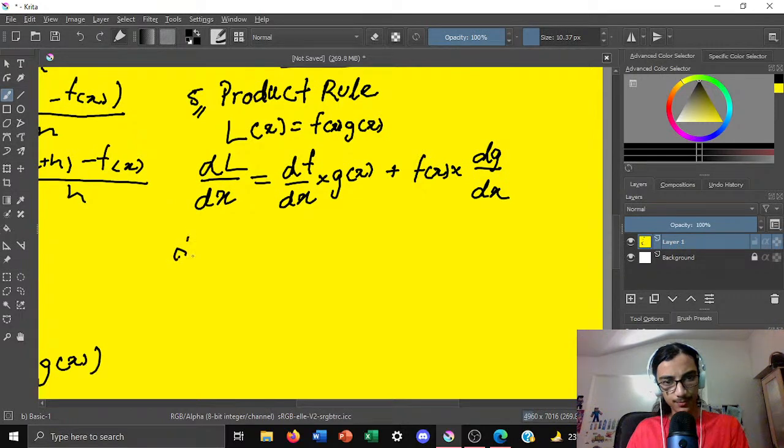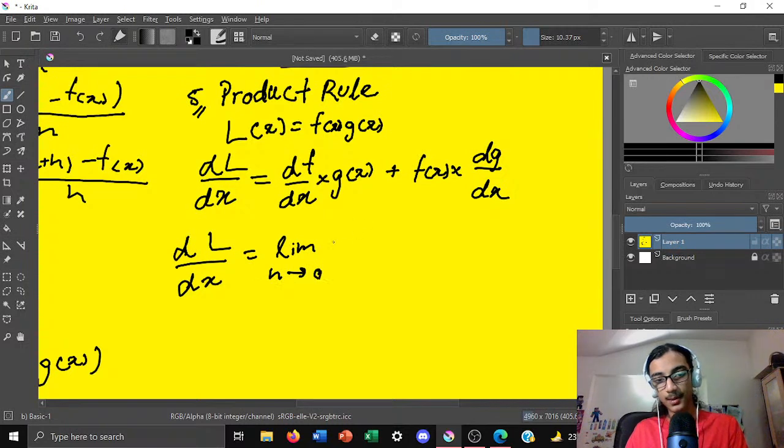So dl dx, according to the definition, will be equal to the limit as h approaches 0 of f of x plus h into g of x plus h.